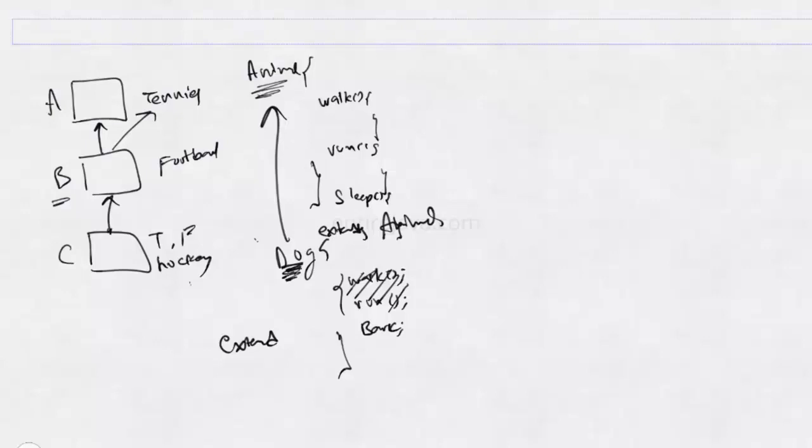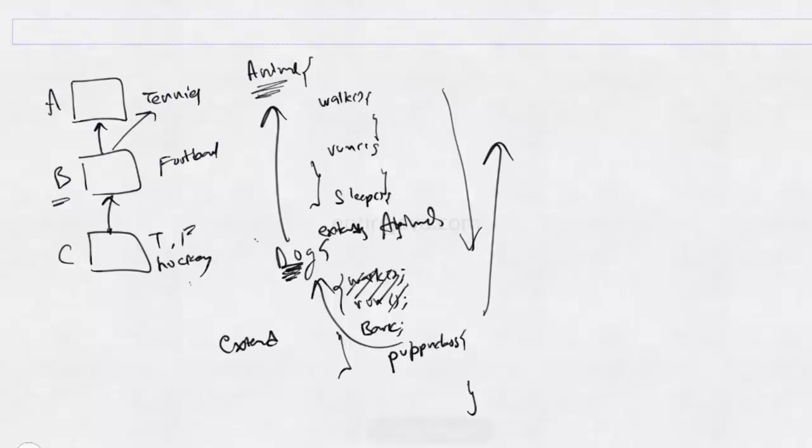Hope that's pretty clear. Now we can also have another class, say puppy class, and it can inherit some of the properties from dog. So as we go down the hierarchy, we're becoming more specific, and as we go up the hierarchy, we're getting more generic.